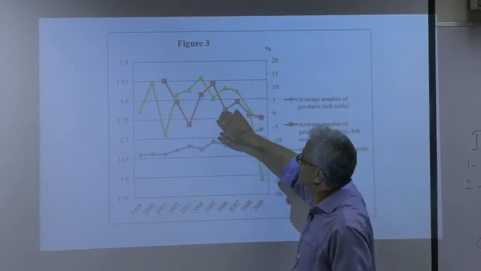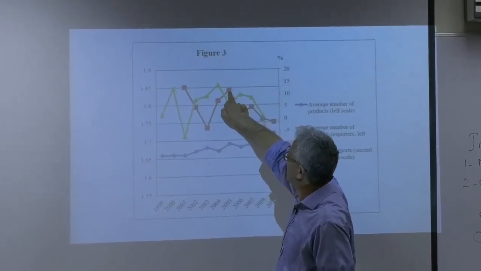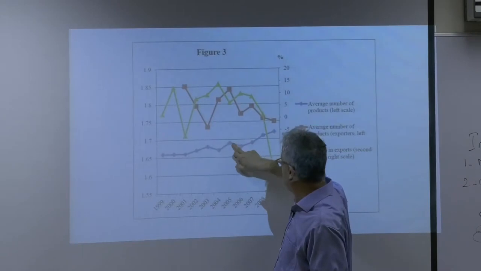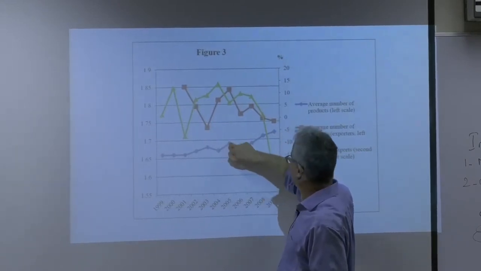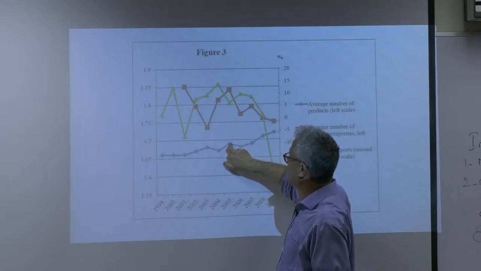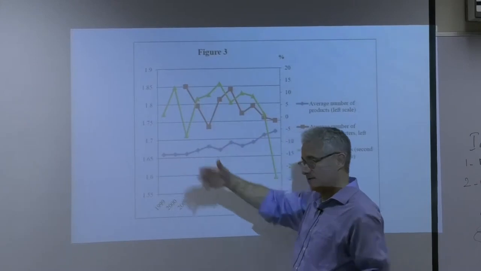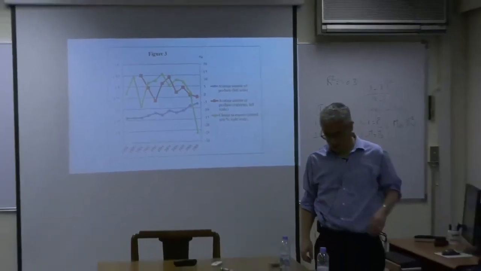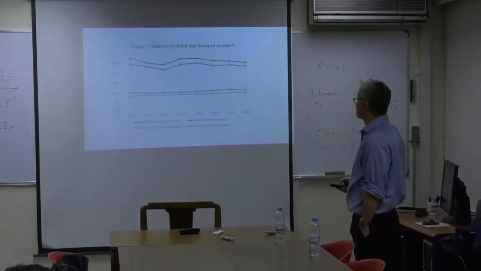A typical exporter in 2007 had about two products that they were exporting, whereas a typical firm in Japan had about 1.7 products. So exporters typically have more products than non-exporters.